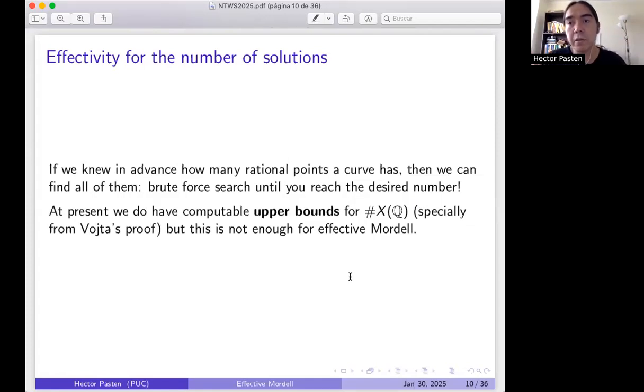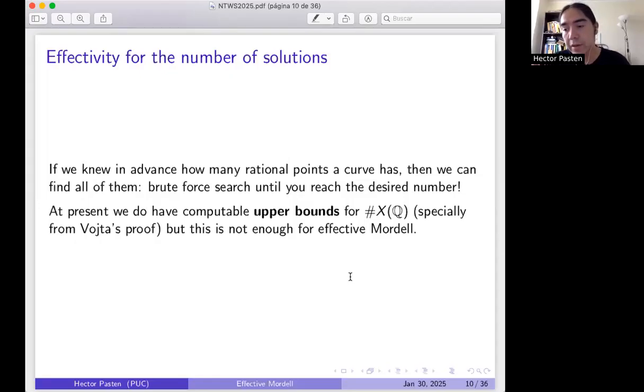So far, the only thing we have are upper bounds for the number of rational points. And these upper bounds especially come from Vojta's proof, although I'm going to mention some other theorems that are related to the question of bounding the number of rational points.